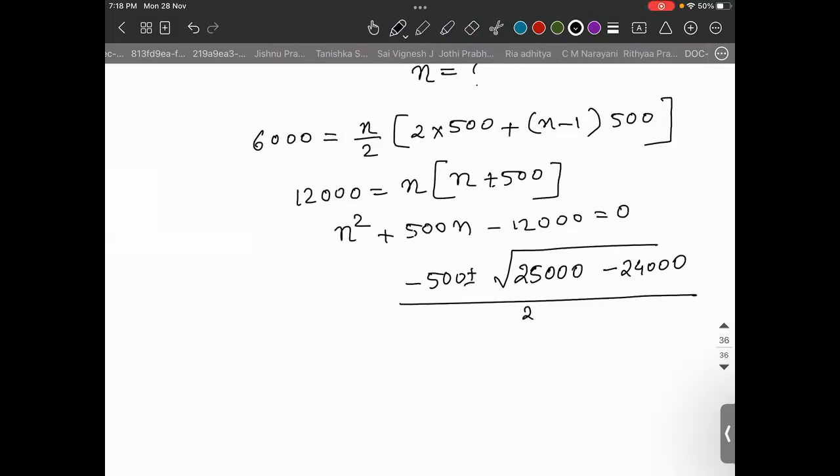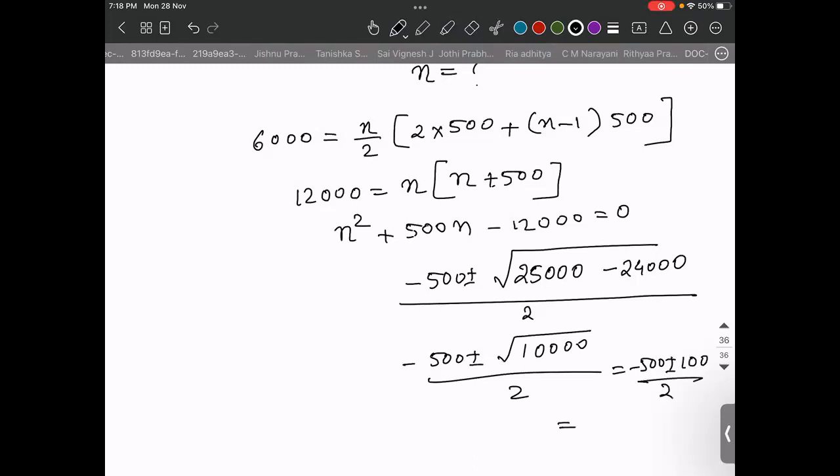Upon 2. How much are you getting here? 10000 upon 2, minus 500 plus or minus square root of how much? 100? Upon 2. What is this? Is this correct? Something is wrong, no? Sir, 1,000 minus 500. 1,000 minus 500? Sir, 5N plus 500. Sir.